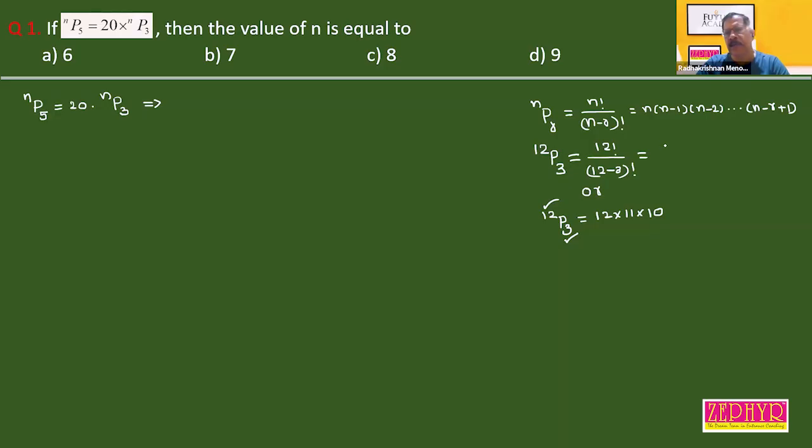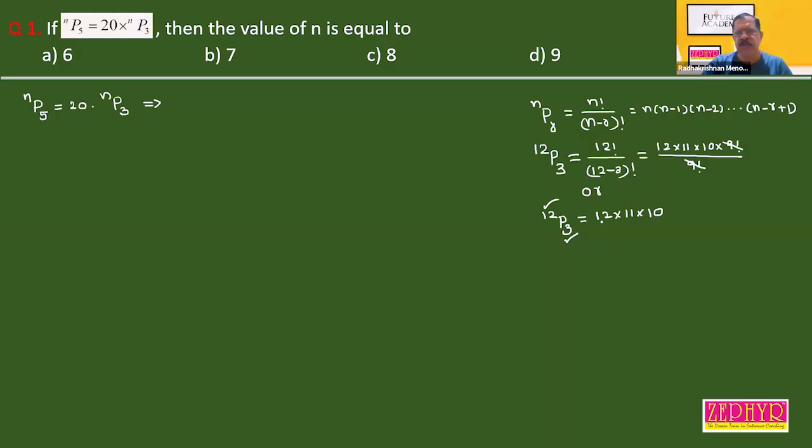12 factorial is 12 into 11 into 10 into 9 factorial. Denominator also you have got 9 factorial. So 9 factorial is getting cancelled. So ultimately you are getting 12 into 11 into 10. So if you know the subscript 3 or 4, whatever it may be, this is easier.